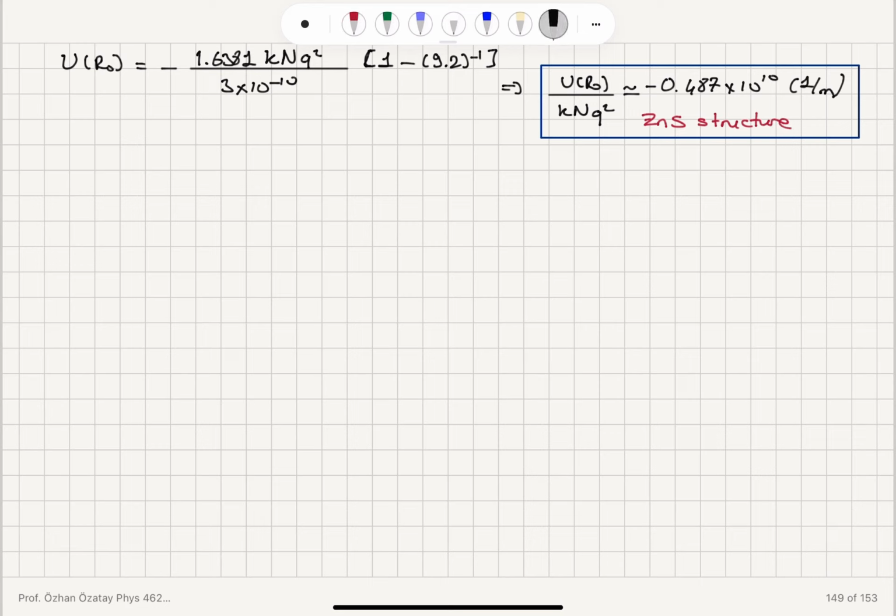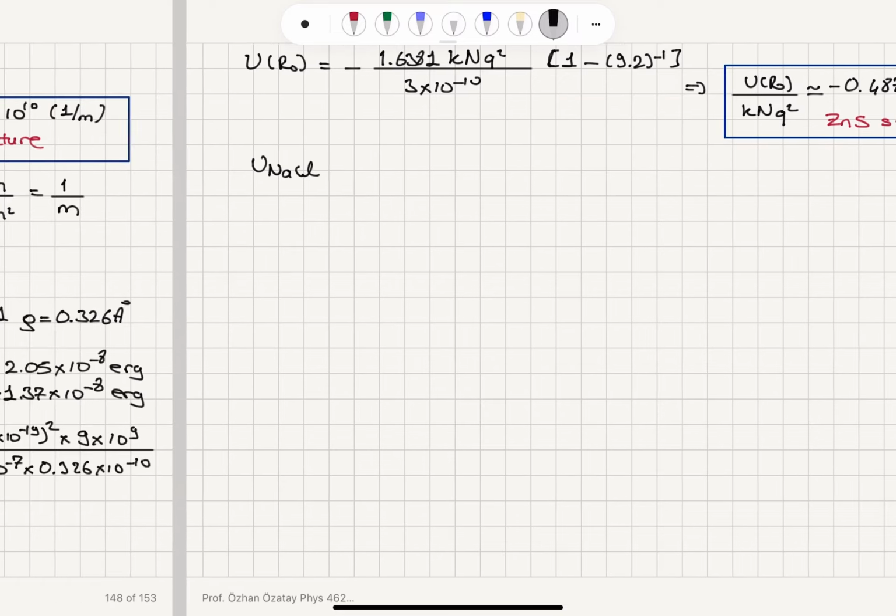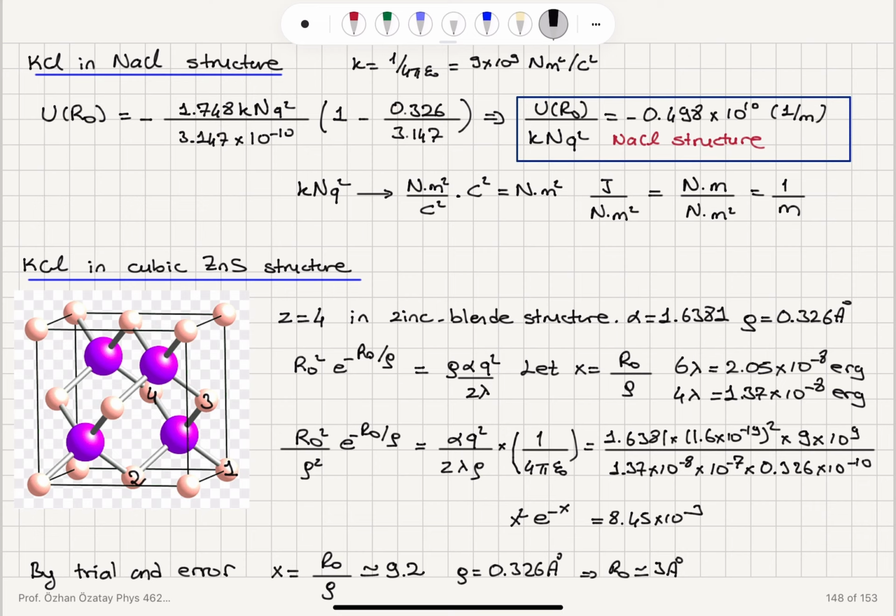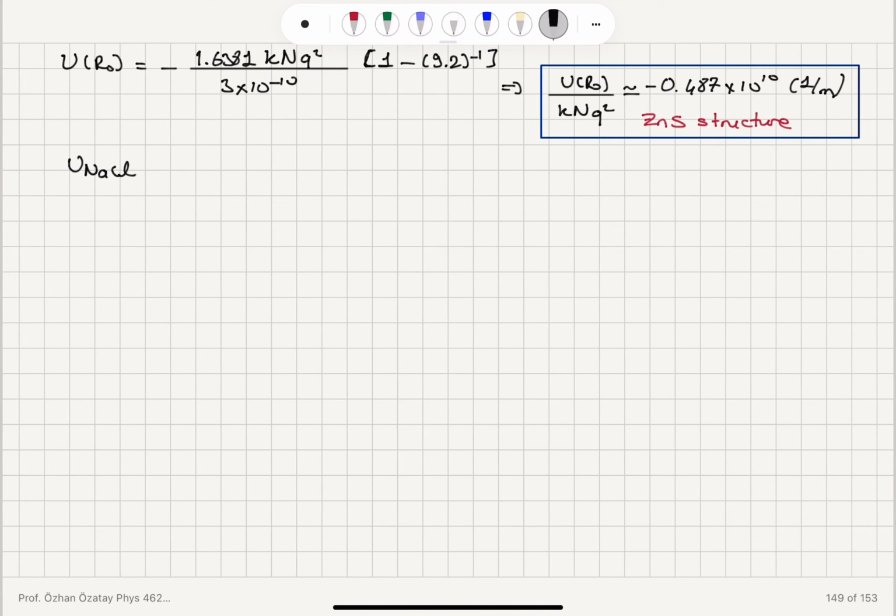So if we compare the cohesive energies, the cohesive energy for sodium chloride is minus 0.498, this is minus 0.487, so sodium chloride is less than the cohesive energy for zinc sulfide. And remember, these values are compared to k n q squared.